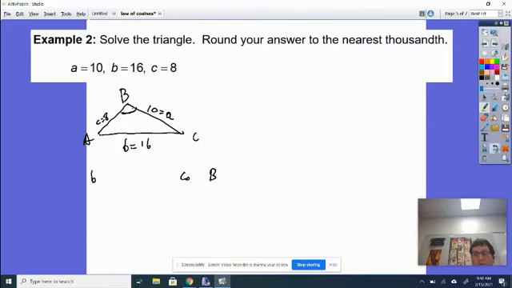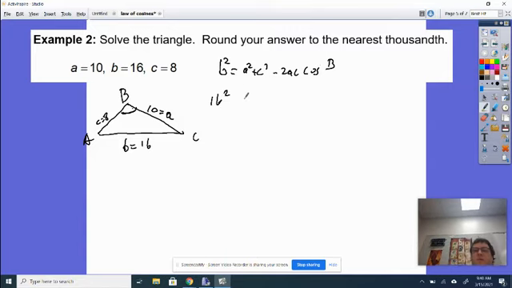Cosine, actually, I'm going to move this up here, just give myself a little more space because we're going to need it. So B squared equals A squared plus C squared minus 2, always 2, AC cosine of B.